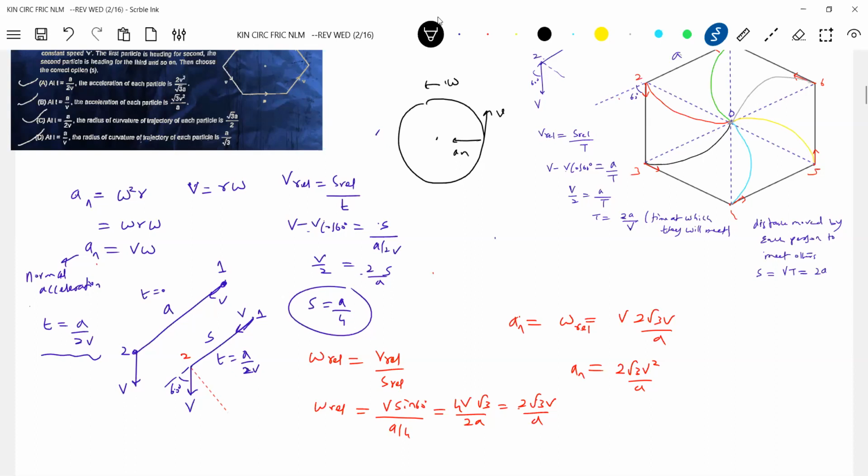In centripetal acceleration, one is moving with respect to two. Distance of separation, how much are we getting?